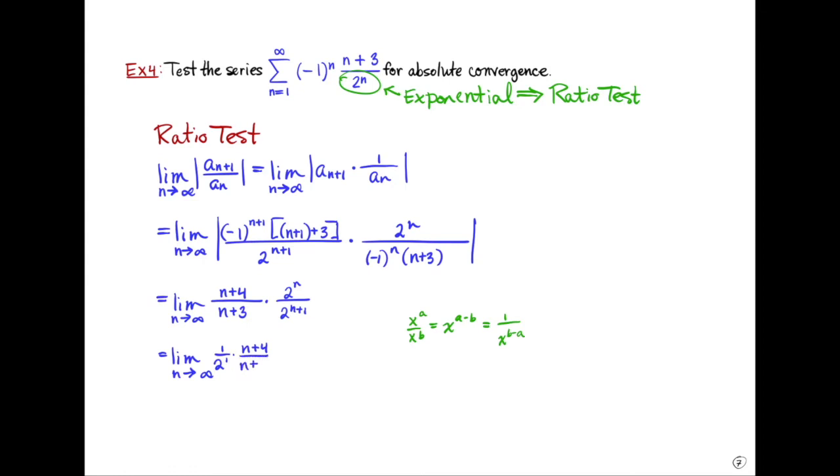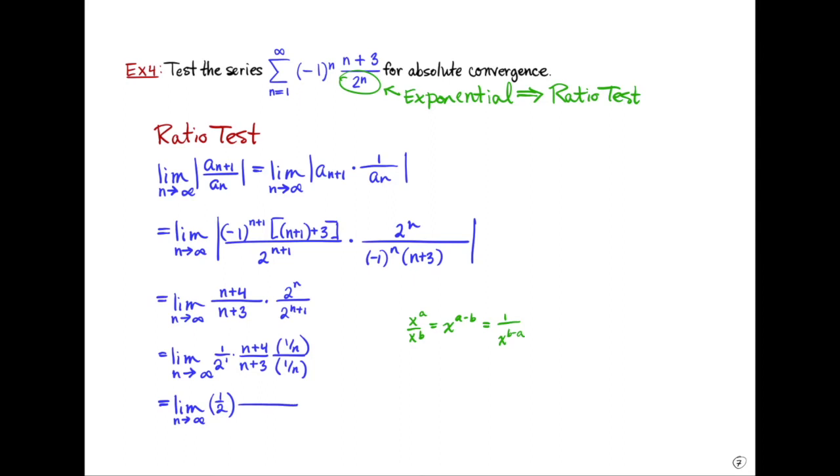And as it's written right now, this limit is indeterminate. You have it of the infinity over infinity type. So let's multiply both the numerator and the denominator by the highest power term in the denominator, which is 1 over n. And we have the limit as n goes to infinity. You could pull the 1/2 out front if you wanted, or you can leave it in your limit.